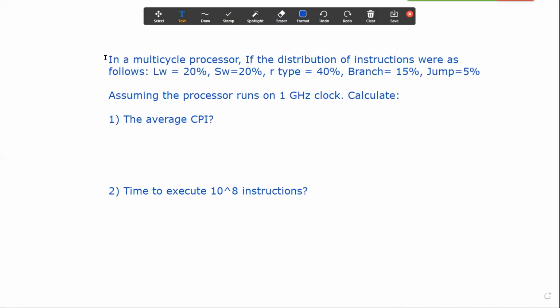The instruction distribution is usually as follows: 20% loads, 20% stores, R-type 40, branches 15, jumps 5. And the processor uses a 1 gigahertz clock. So we would like to calculate the average CPI for this processor and how long it's going to take us to execute 100 million instructions. Anybody can calculate, it should be straightforward.